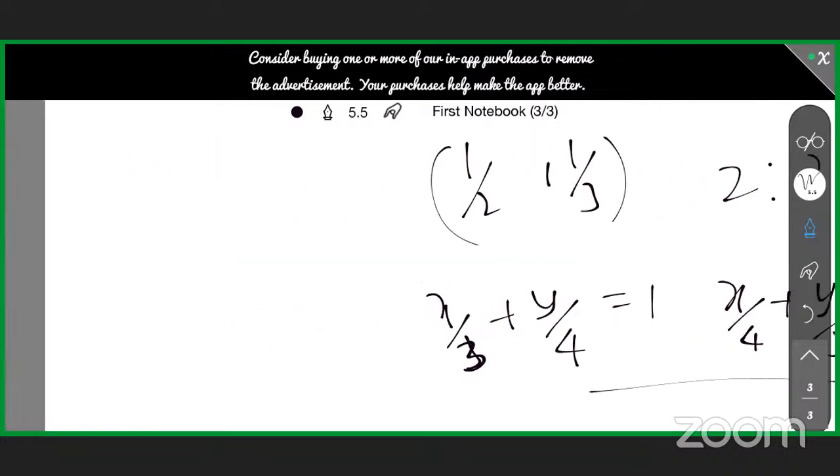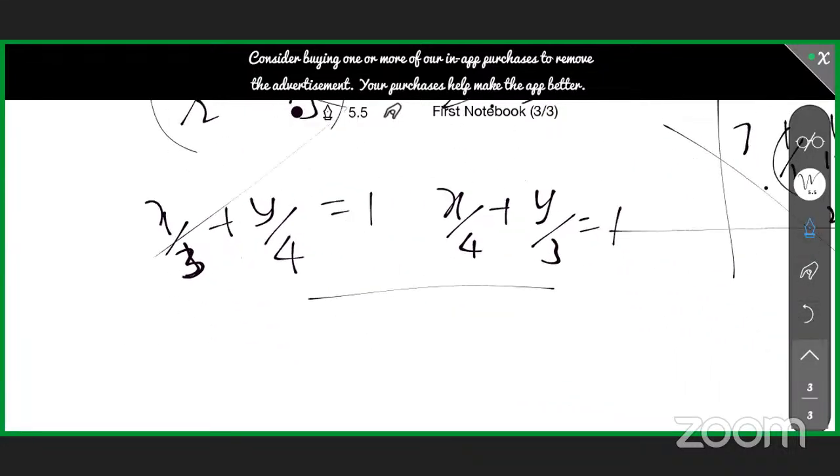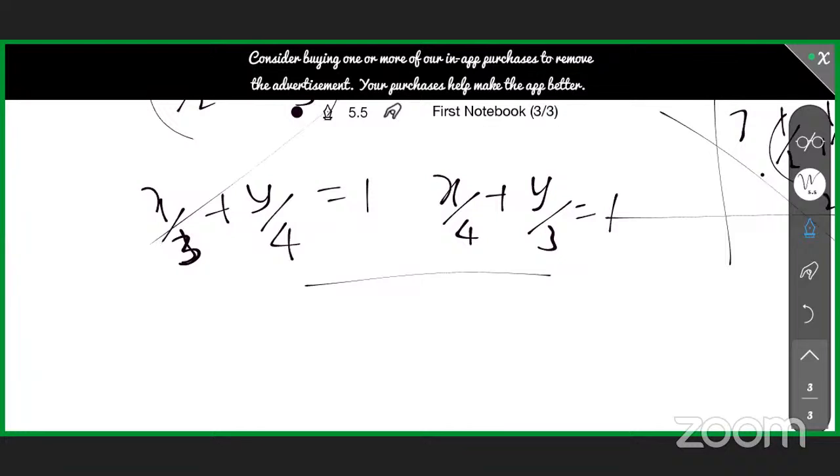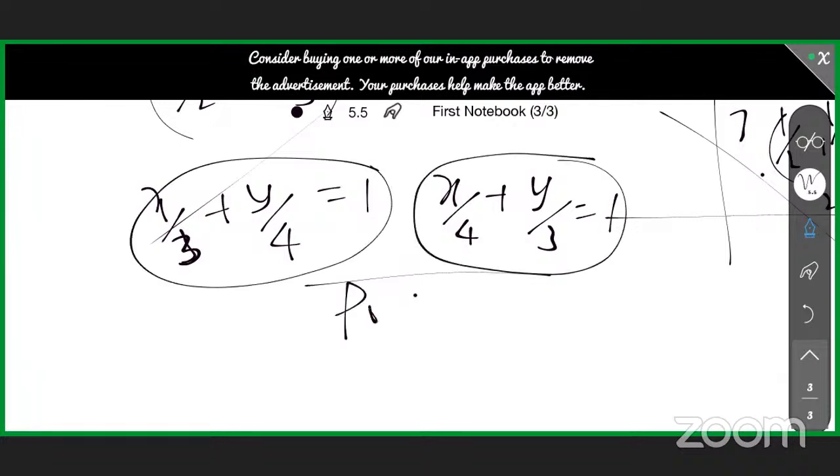With these two lines' point of intersection, we are getting one line. Let us say L is drawn from this point of intersection. This L meets the coordinate axes at A and B.